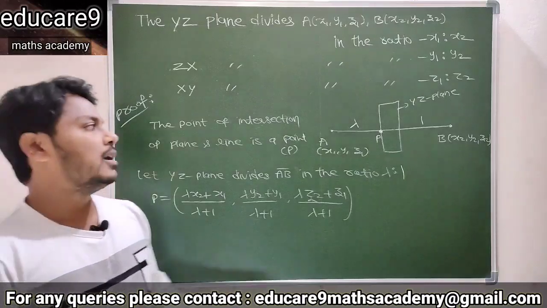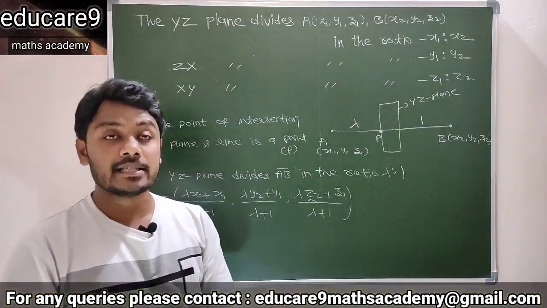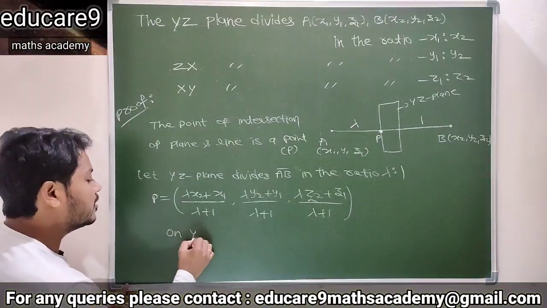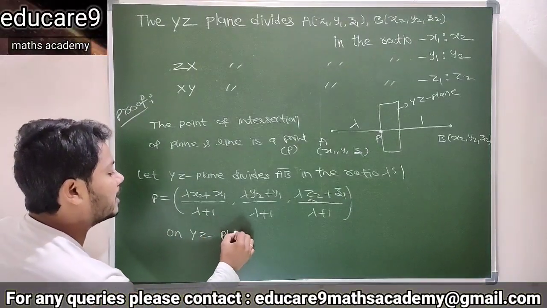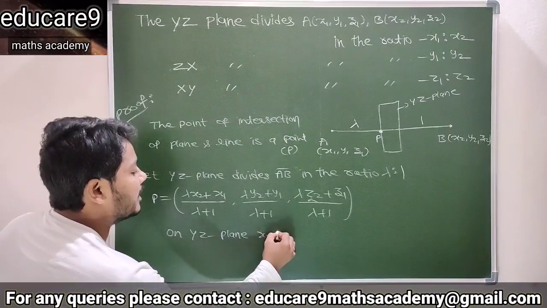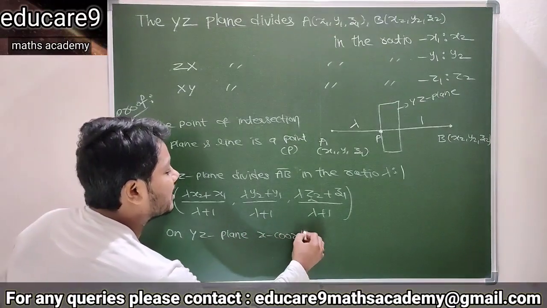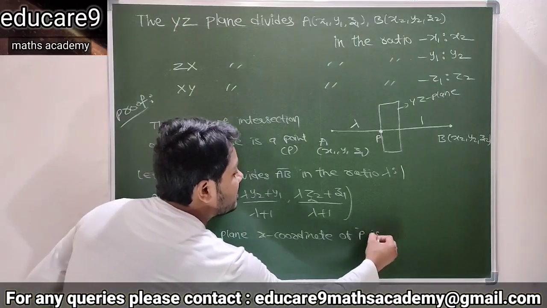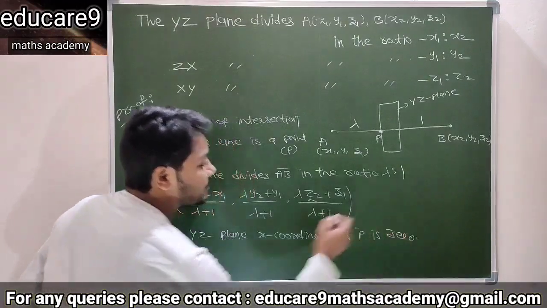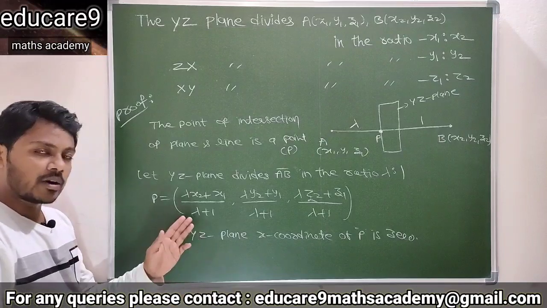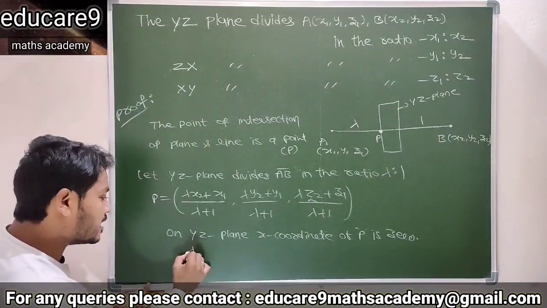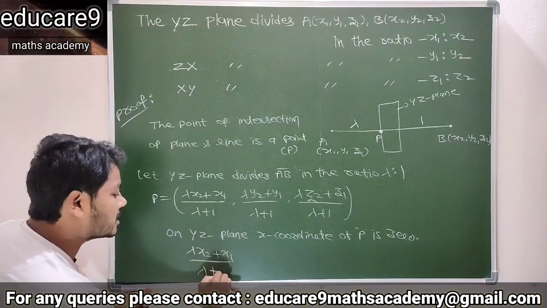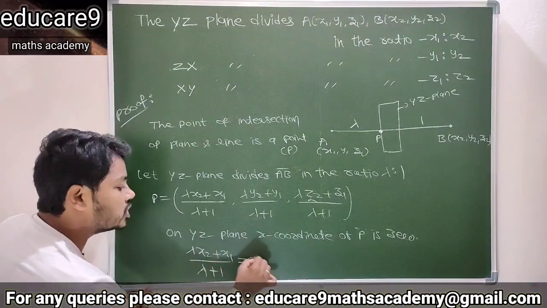Clearly, on the yz plane the x coordinate is 0. On the yz plane, the x coordinate of P is 0. So the x coordinate of P, (lambda x2 plus x1) by (lambda plus 1), is equal to 0.